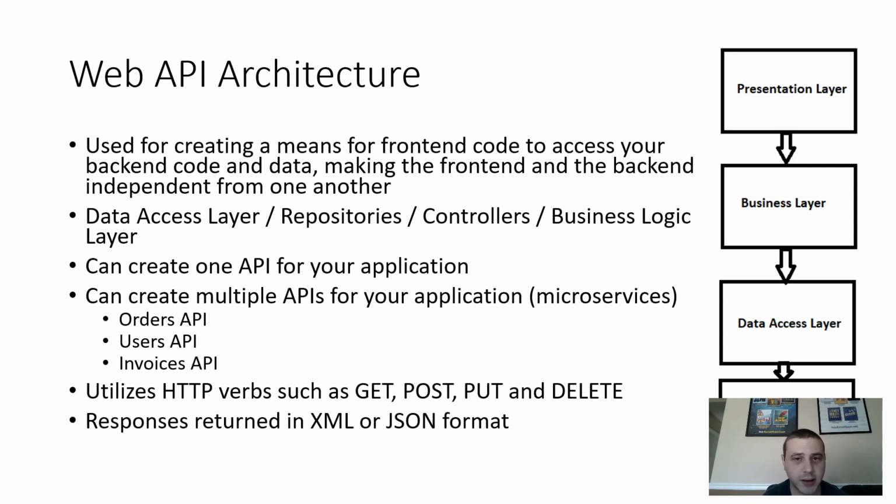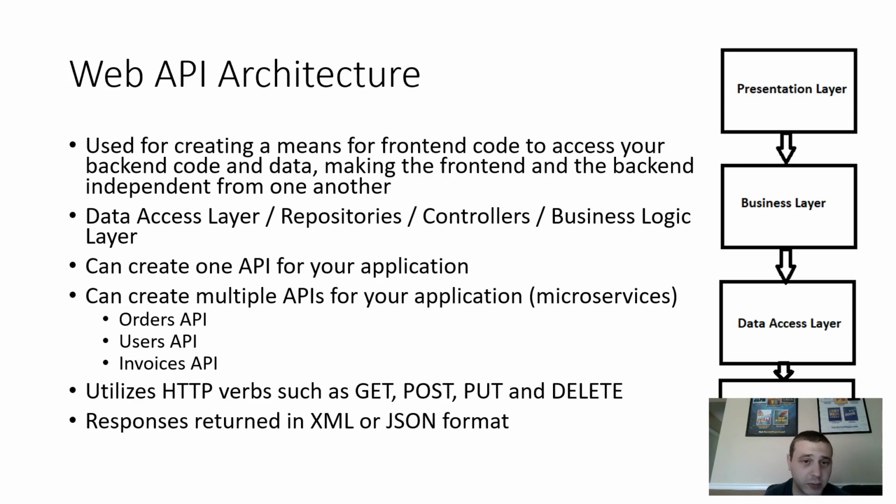Let's say that you had one application. You can have all these different API layers, which would be controllers in a web API, and any request, like, let's say for an order, you could have all that within one API, within one controller, or different controllers, but within one project.